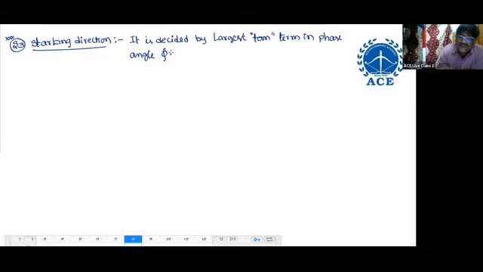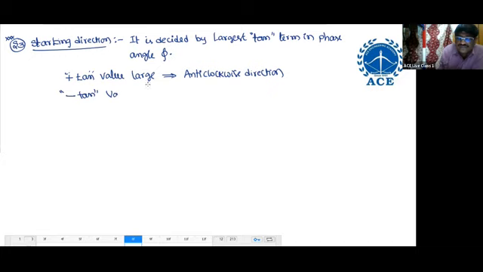So listen: if the positive tan value is large, then the direction is anti-clockwise. I'll give an example. If the negative tan is large, then the direction is clockwise.